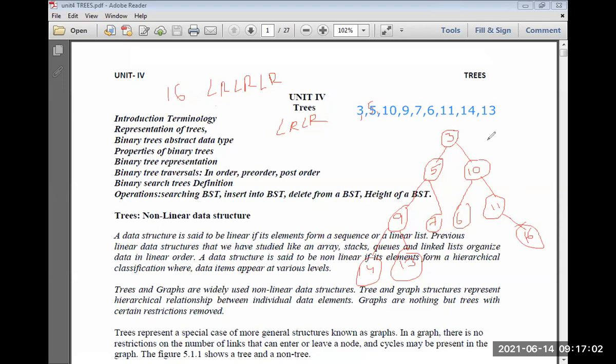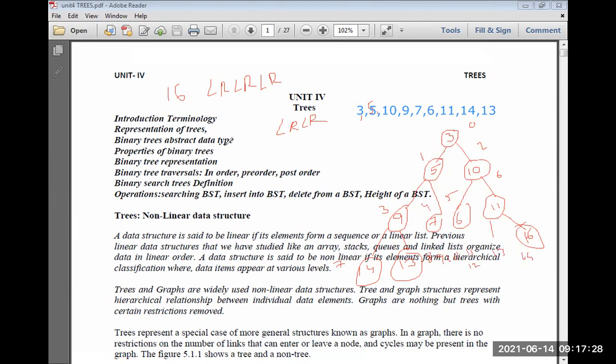And how do we represent the binary tree in an array? Already told you: positions 0, 1, 2, 3, 4, 5, 6, 7, 8. It contains 2 elements, 9, 10. Here also 2, 11, 12. And this one is 13 and this one is 14.